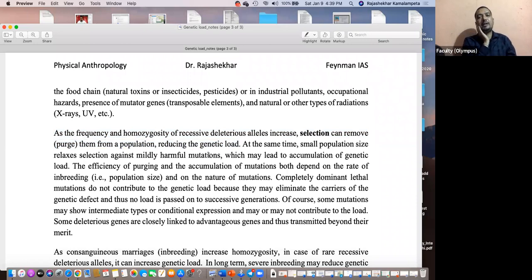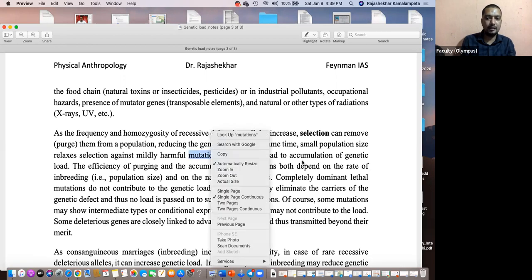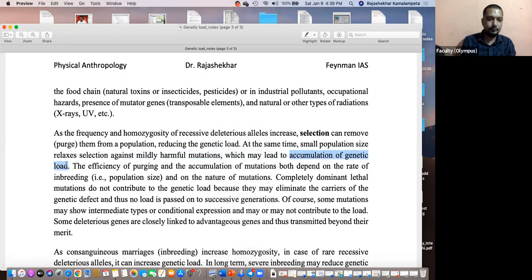But the selection may not act the same way in small populations. They are interbreeding. They keep adding that load. Natural selection cannot do much, as we discussed in genetic drift yesterday. Correct? So some harmful mutations are also maintained in small populations, thereby accumulating the genetic load.